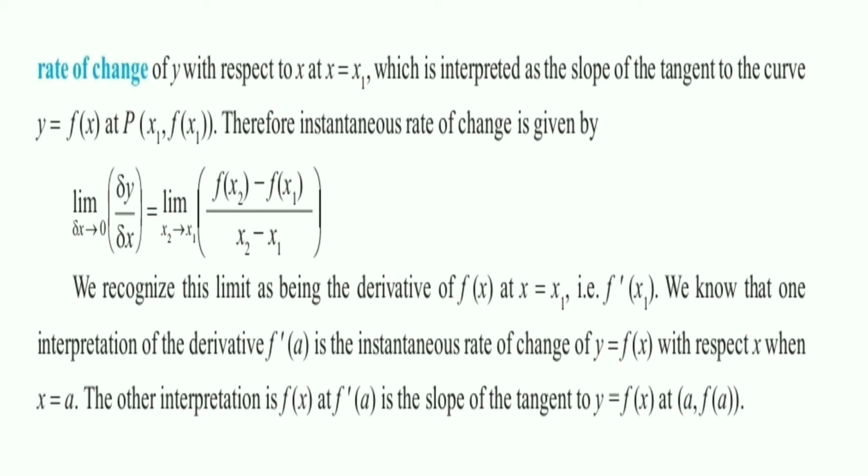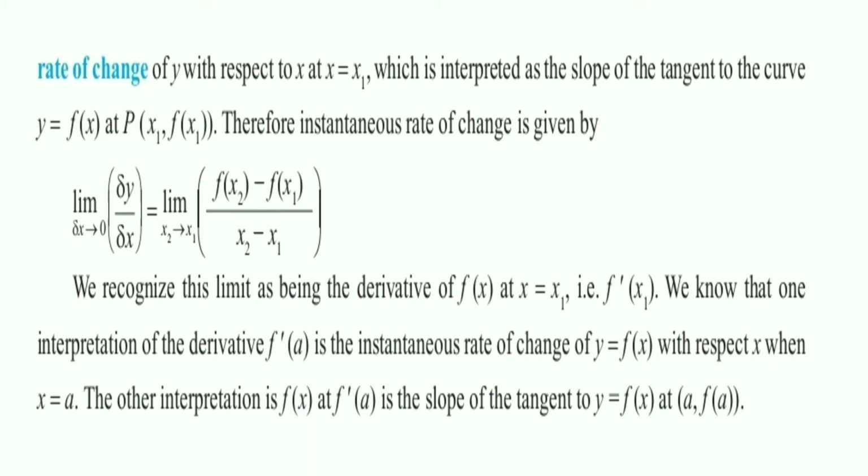Therefore, instantaneous rate of change is given by limit delta x tends to 0 of delta y upon delta x, which equals limit x2 tends to x1 of f of x2 minus f of x1 divided by x2 minus x1.